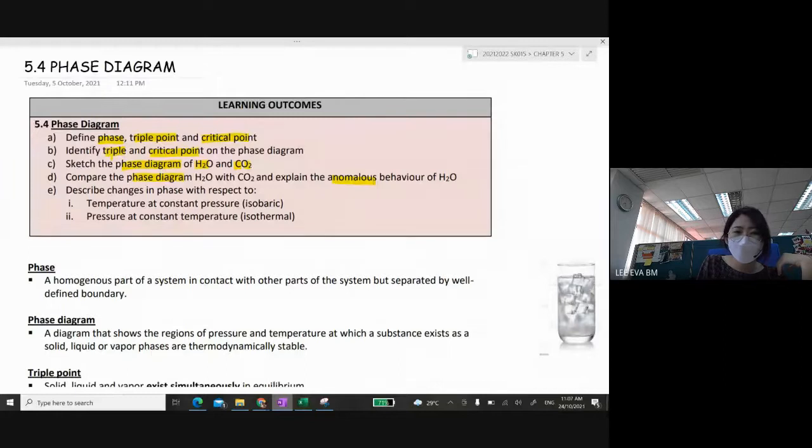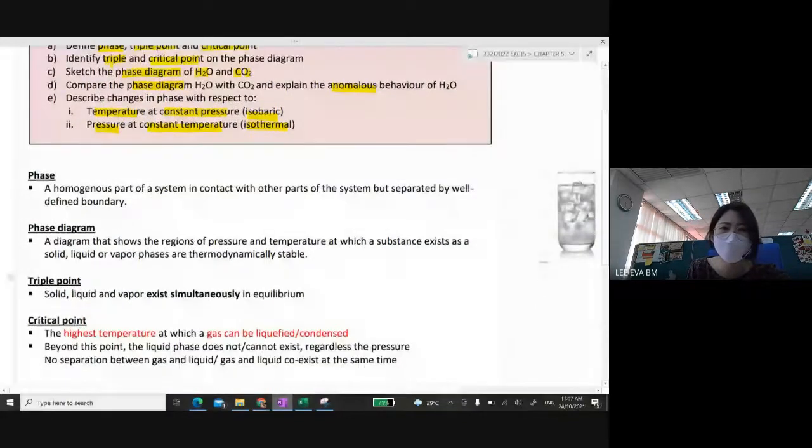The last learning outcome is to describe the changes in phase with respect to temperature at constant pressure, isobaric, and with respect to pressure at constant temperature, isothermal. We will look further into what it means.